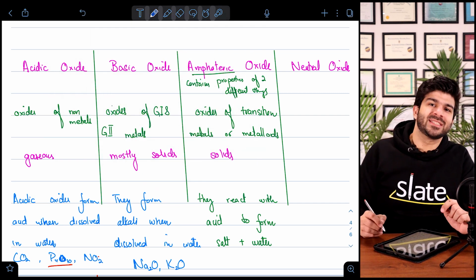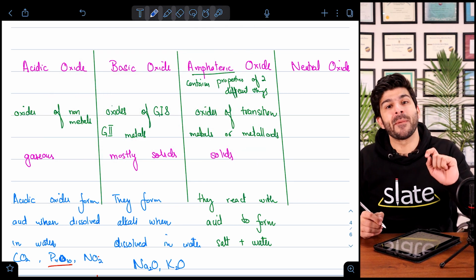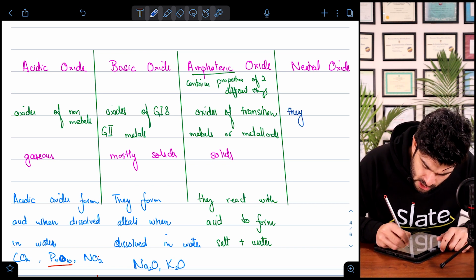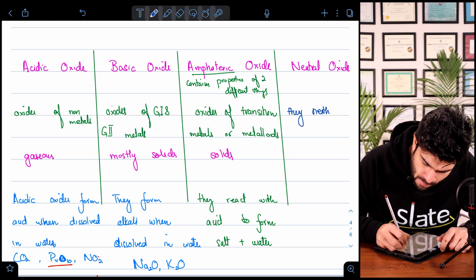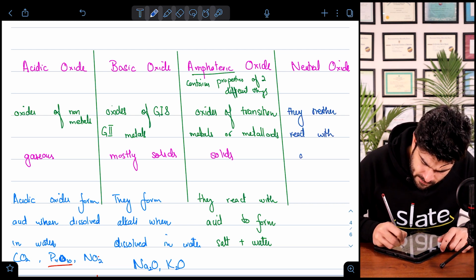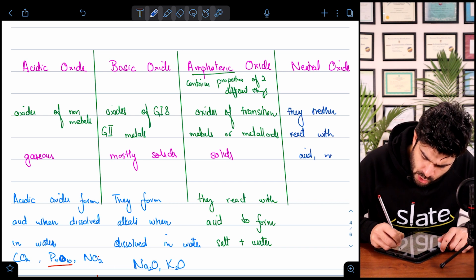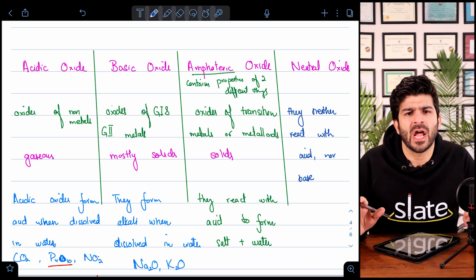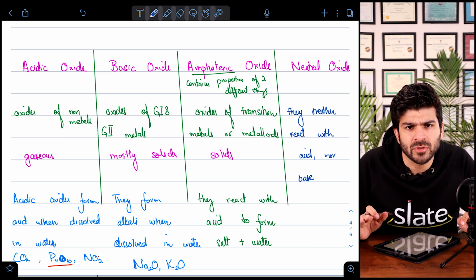Lastly, the neutral oxides. These ones are the ones that you need to memorize. They're neutral, so they neither react with acid nor base. They don't react with them. There are 3 examples of that.